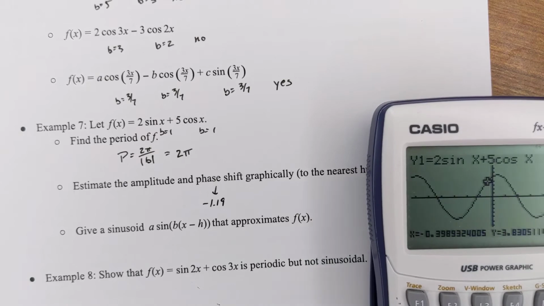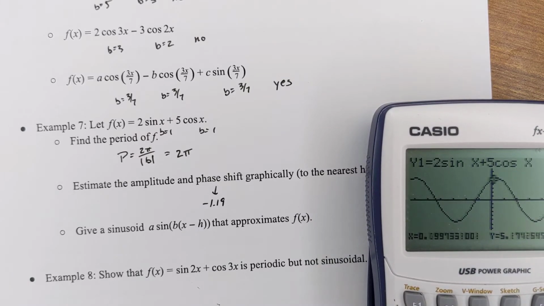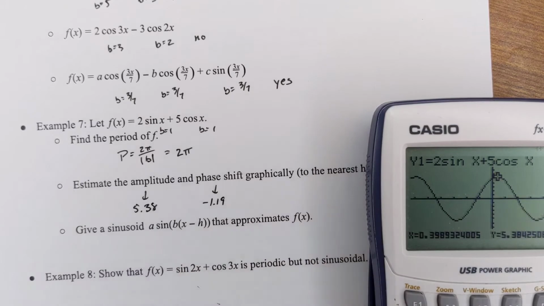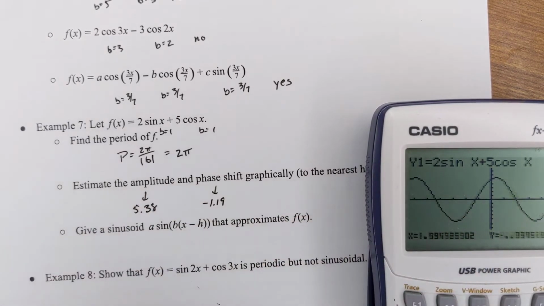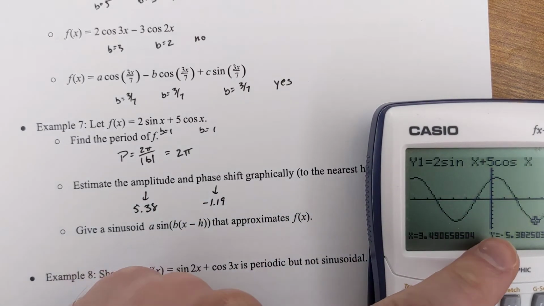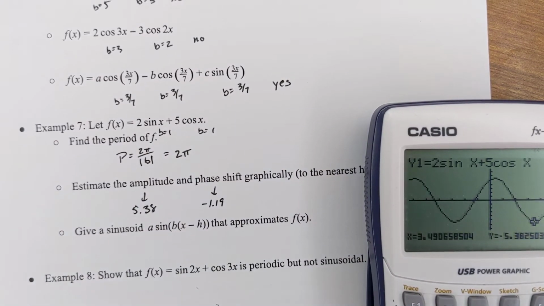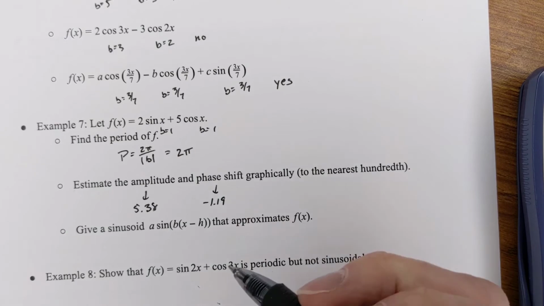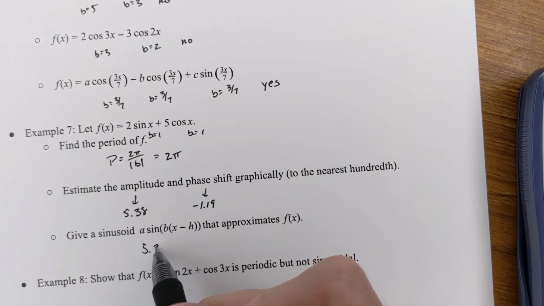The amplitude is going to be the peak here. So it looks like that's about 5.38. If positive 5.38 on the y value, if you come down here, you'll get negative 5.38. So there's my amplitude, 5.38.